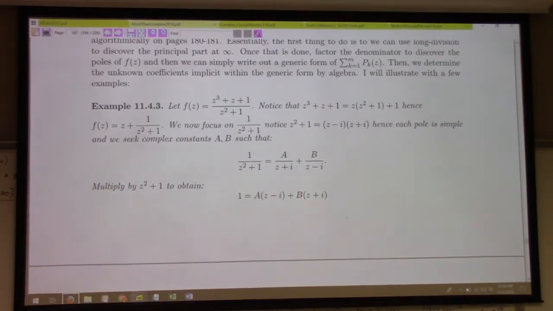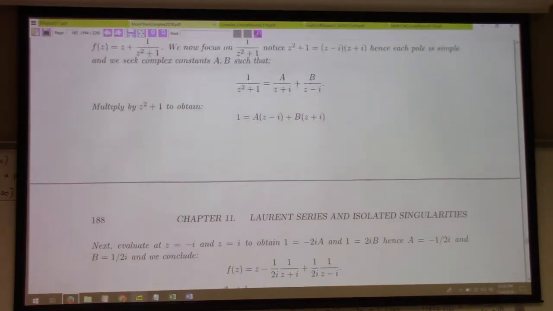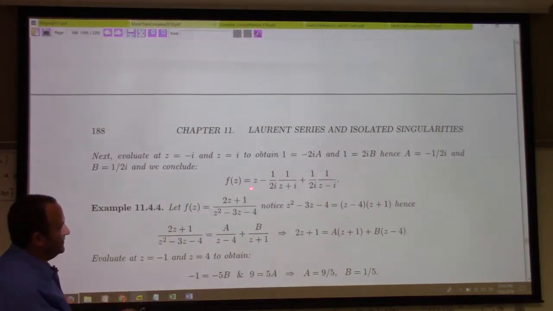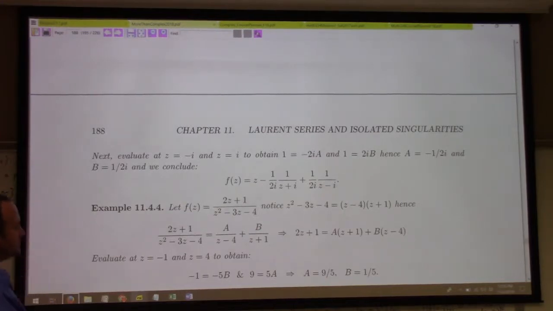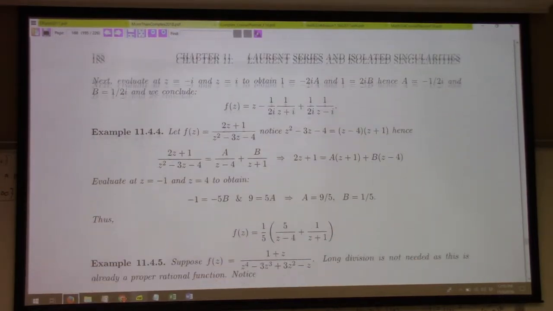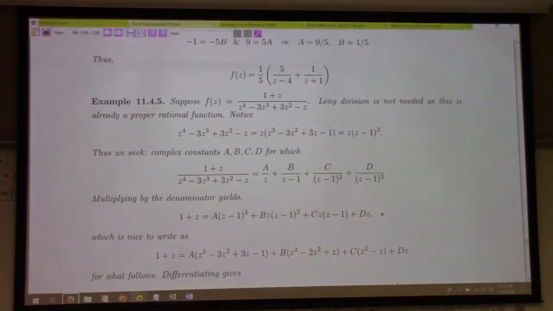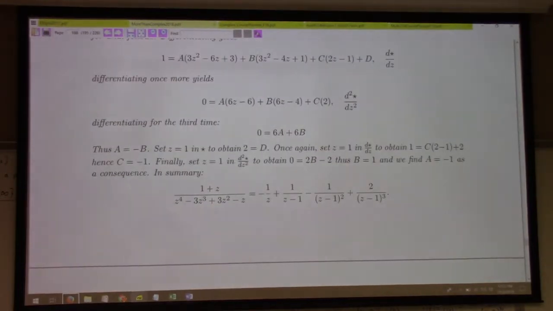But the math here, you've already done in previous courses. I'm not really doing anything new. There's the partial fractions decomposition. This is a global formula for f. All right. And this one, again, partial fractions, and other partial fractions. Now this one's interesting.